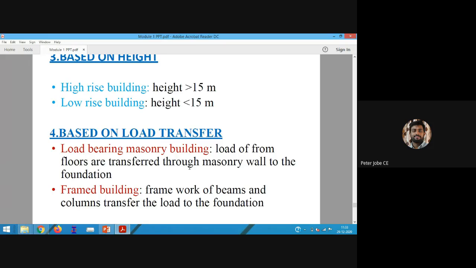The load-bearing masonry building is the common construction practice for residential buildings in our place, where the loads are transferred to the walls. I think most of our homes are constructed using load-bearing masonry walls, where the walls are designed to take the load. So it is very unsafe in case of an earthquake, where if the vertical alignment of that wall is disturbed, the whole building will collapse.